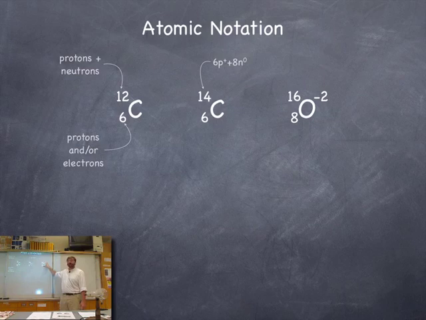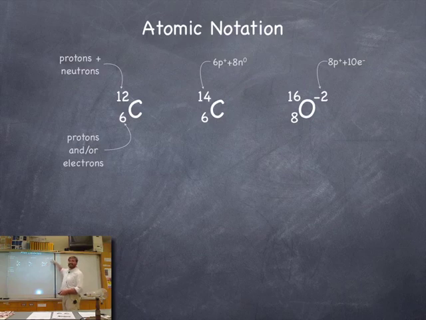Electrons have negative charge. What this is telling me is that I have 2 more electrons than I have protons. That's how I can get a negative charge on the atom. So if I have 8 protons, that means I've got to have 10 electrons. 10 electrons, 8 protons leaves me a total of -2 altogether.